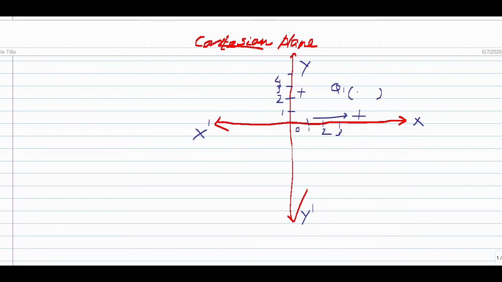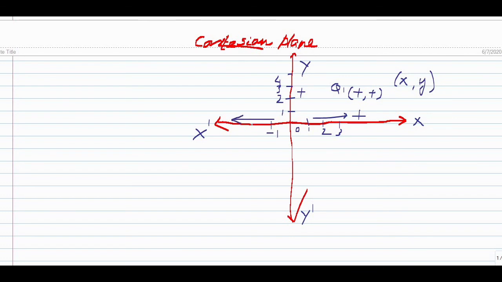So quadrant 1 gives you an ordered pair with both x and y positive. And what about quadrant 2?